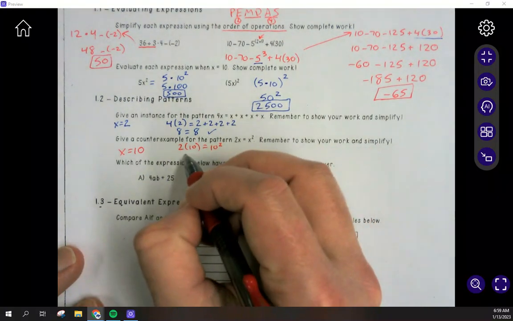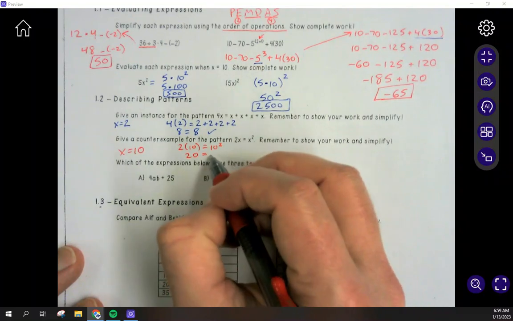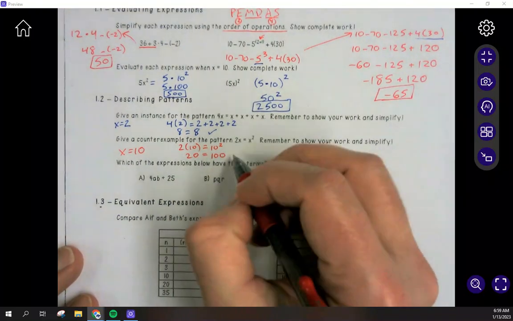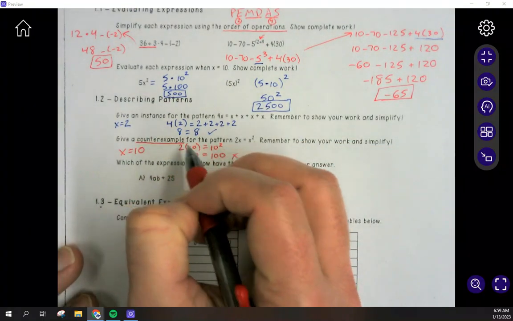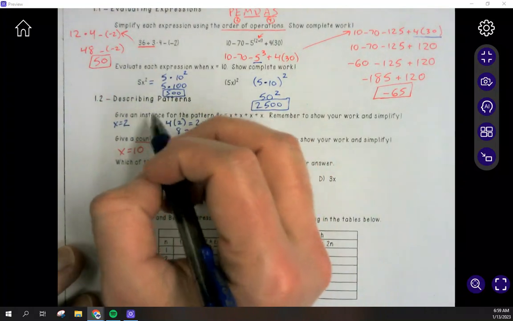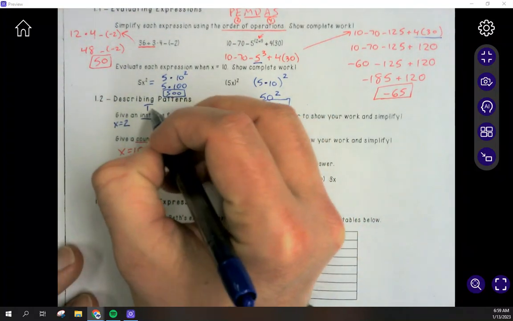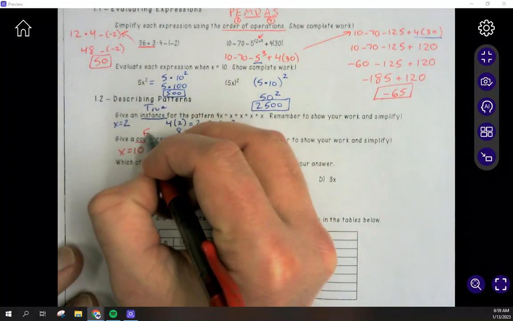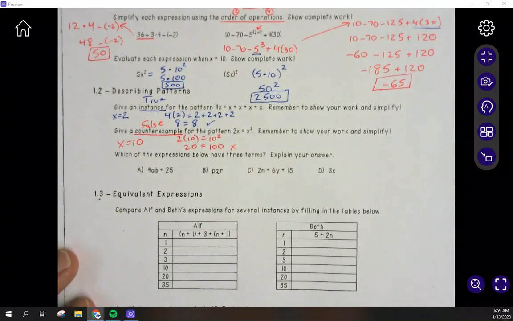So 2 times 10 is 20. And 10 squared is 10 times 10, and that is 100. Not true. And again, that's a counterexample where up here this was an instance. Okay, so an instance is when it's true, and a counterexample, choose a number to show when it's false.